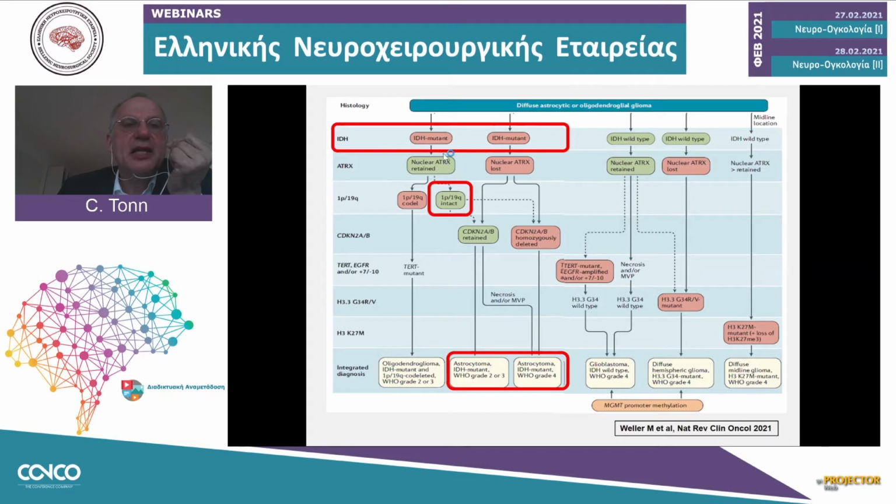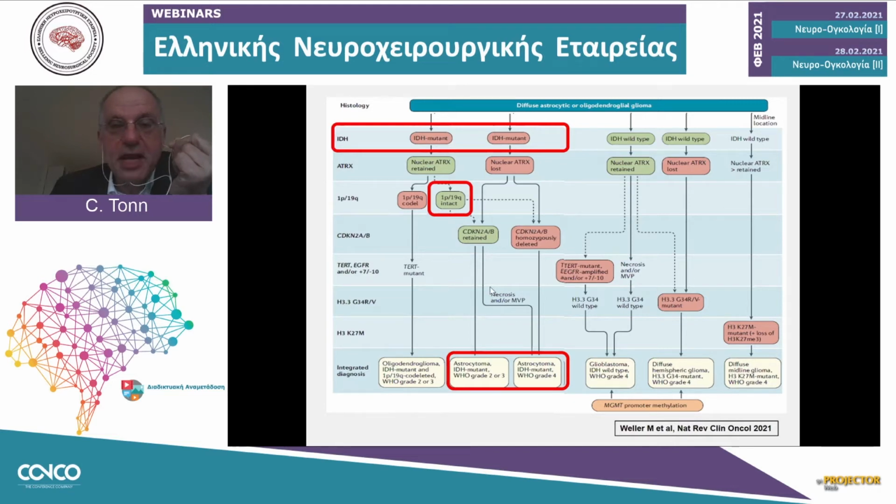If you have the IDH1 mutant tumor without co-deletion, so 1p19q is intact, then you talk about astrocytomas. And now astrocytomas are no longer grade 2 and 3, but also grade 4. And this is relevant even in cases where you see necrosis.